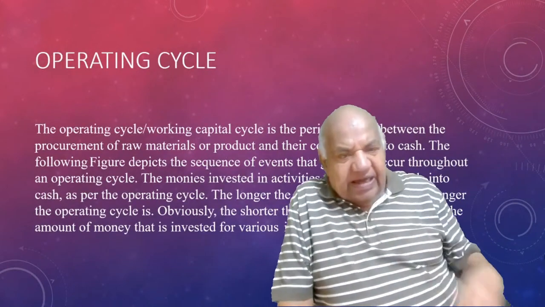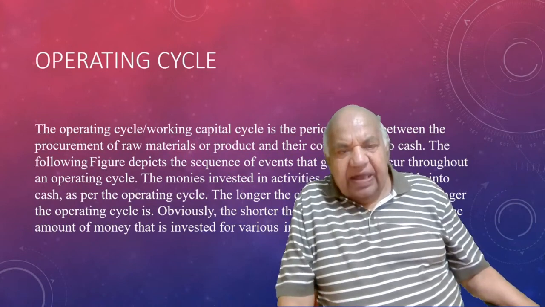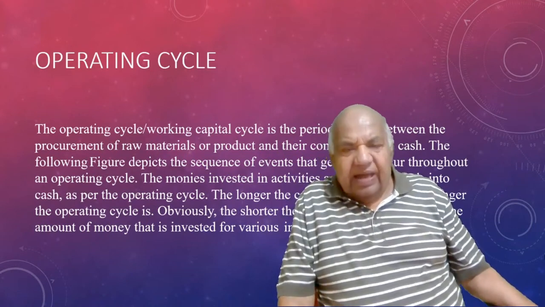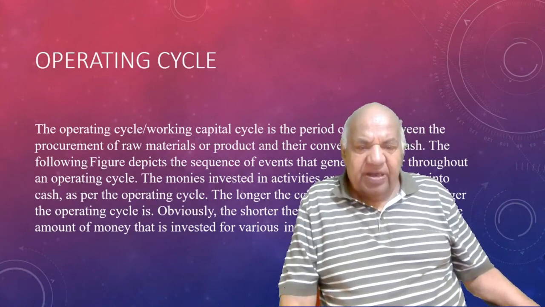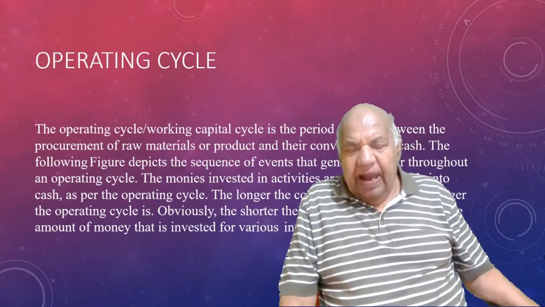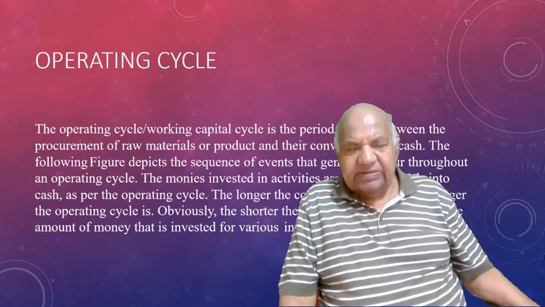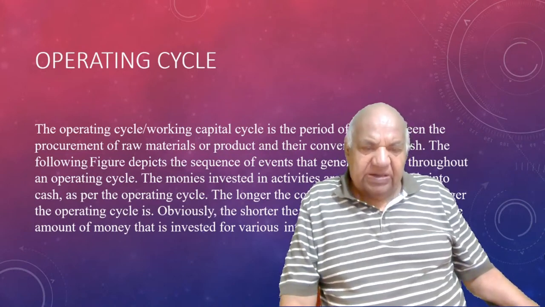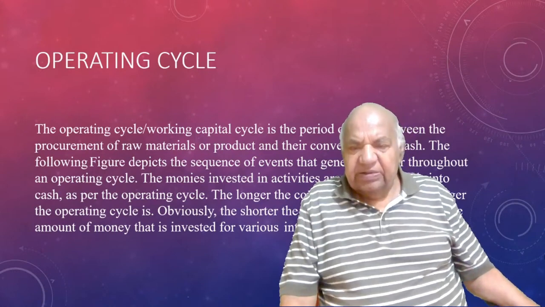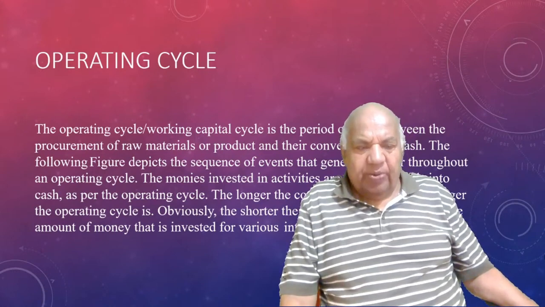The operating cycle or working capital cycle is the period of time between the procurement of raw material or product and their conversion into cash. The following figure depicts the sequence of events that generally occur throughout an operating cycle.